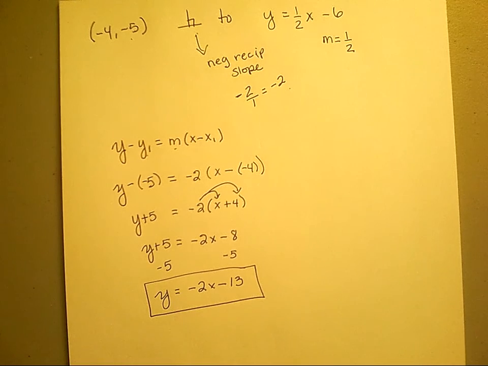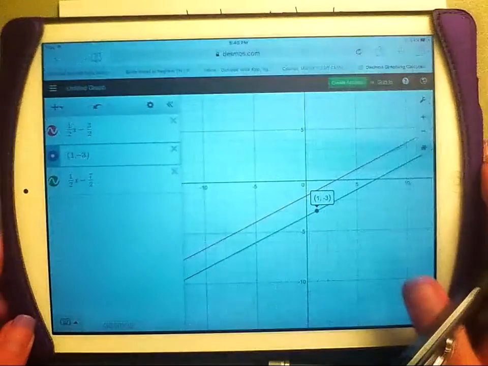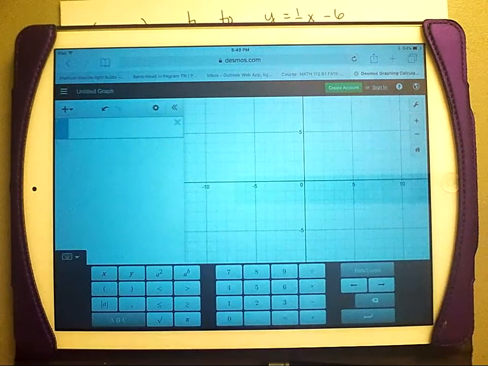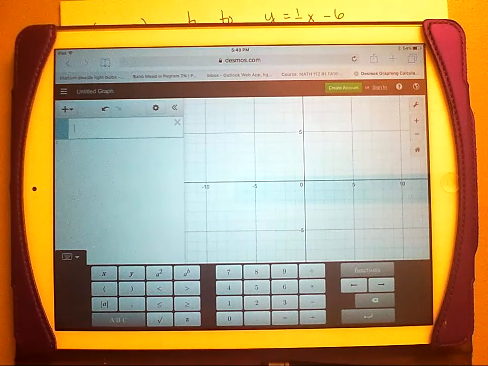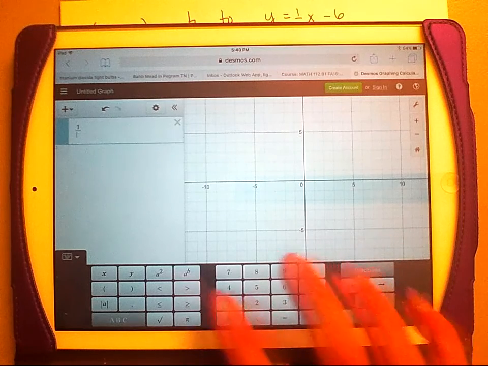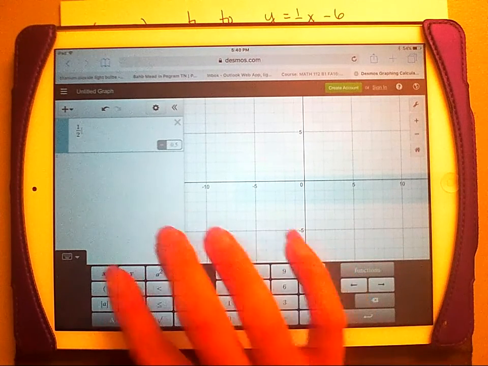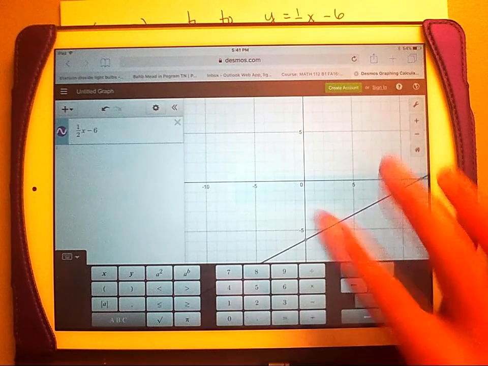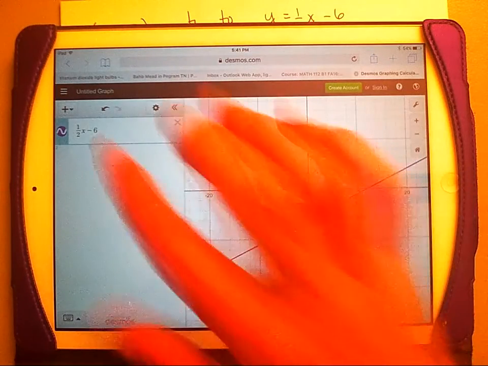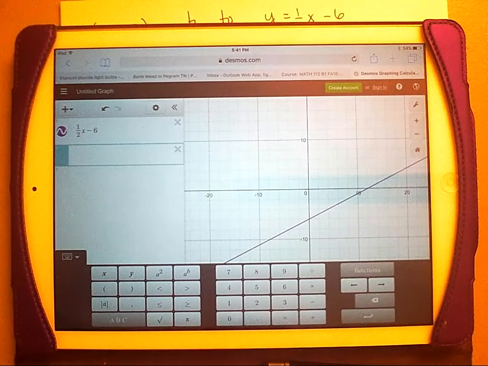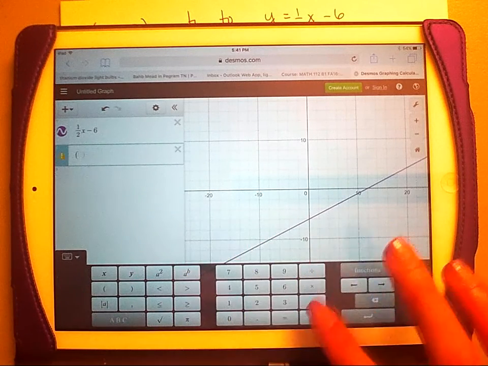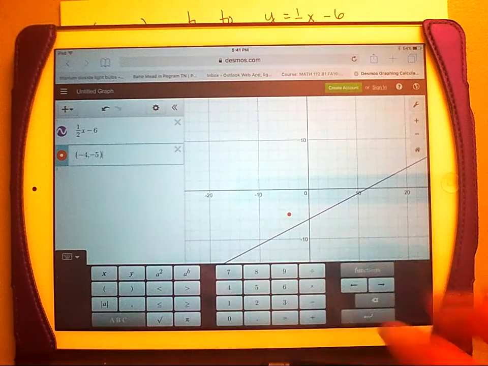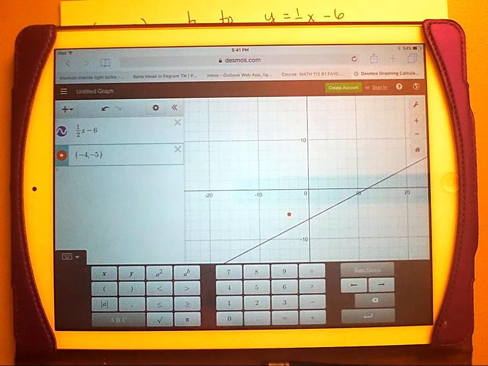Now let's put it in Desmos again so we can see what we're talking about. We want to be perpendicular to the line 1/2 x minus 6. We want it to go through the point (-4, -5).